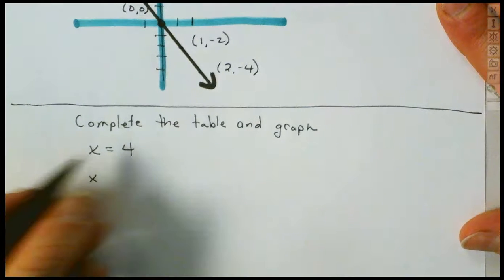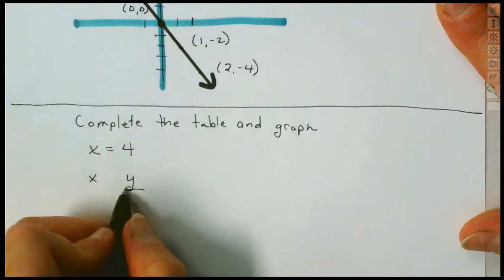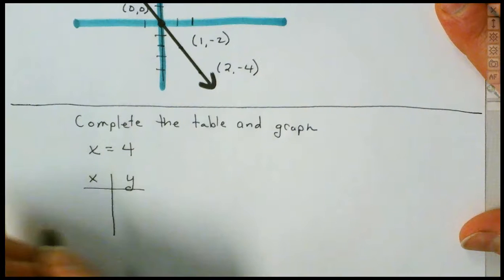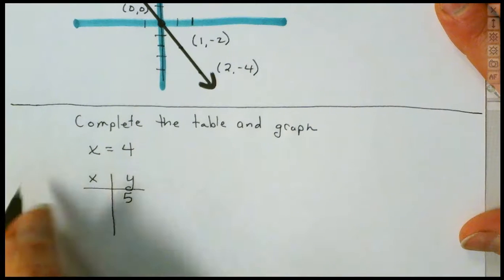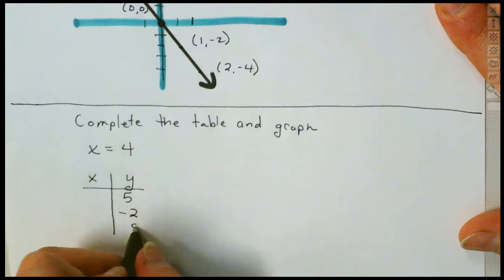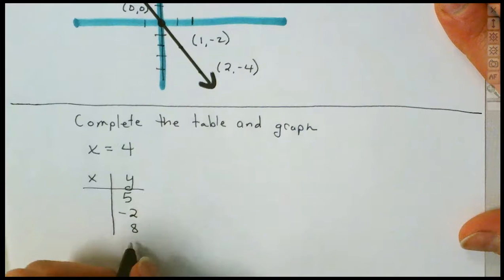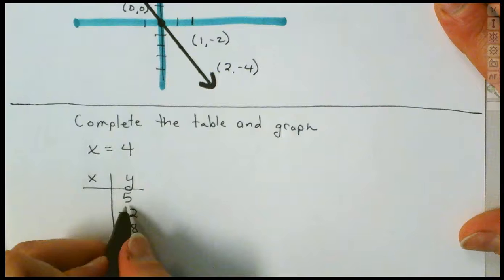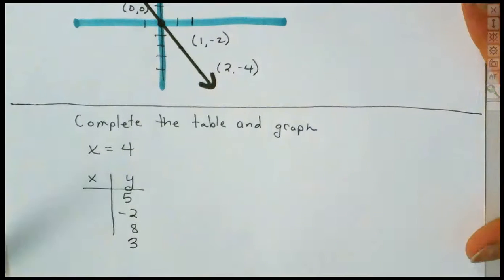So we're going to make a table here. And I want us to go ahead now and fill in the missing pieces. So we're going to have to do each one of these.